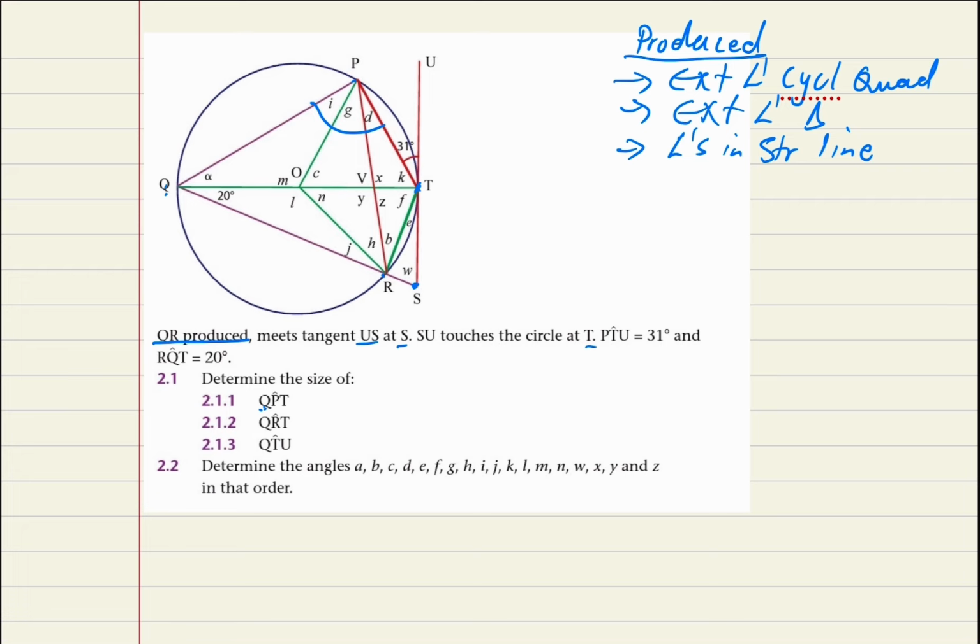Okay, that whole angle. Remember here is our O and this is our diameter. Our diameter subtends 90 degrees at the circumference. So that means this one is 90 degrees. Why is it 90 degrees?